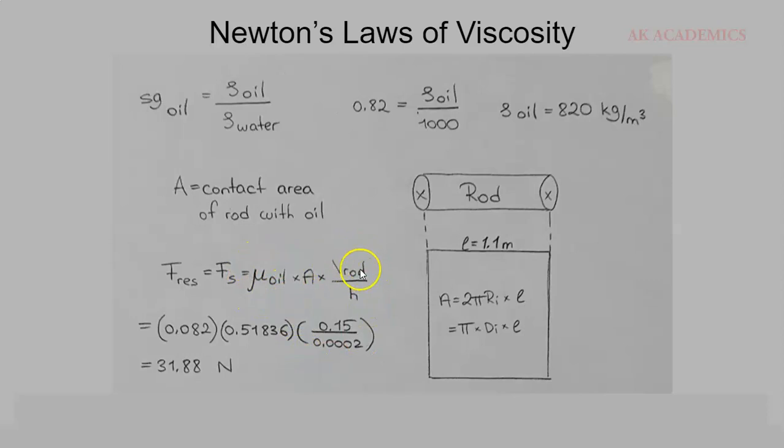We also know the V rod given in the question, and then we know our H, which we already calculated too. If you put all of those values right in here, you will find the shear force or the resistive force as 31.88 newtons. This value, 31.88 newtons, represents the shear force and would also represent the resistive force.